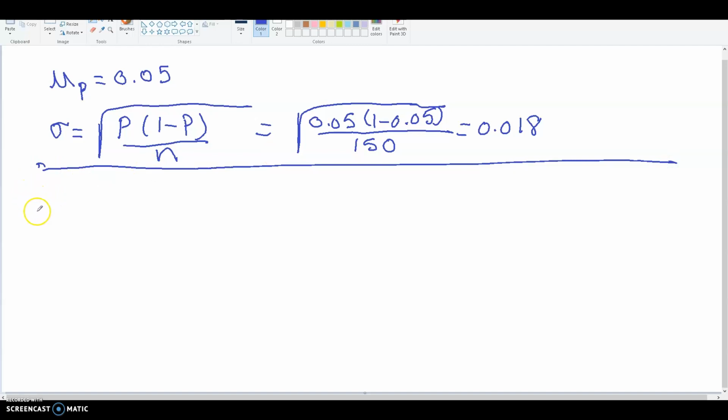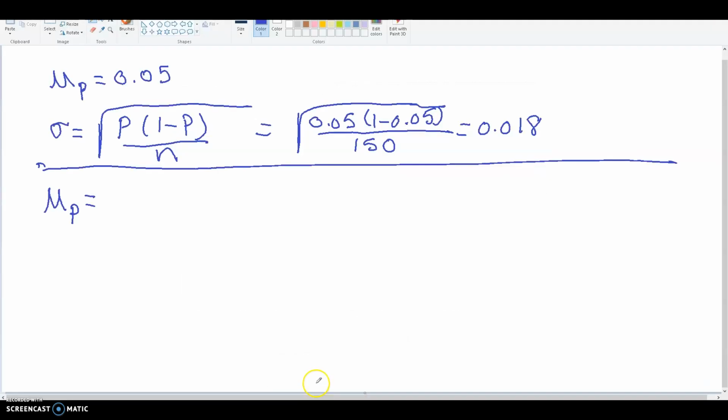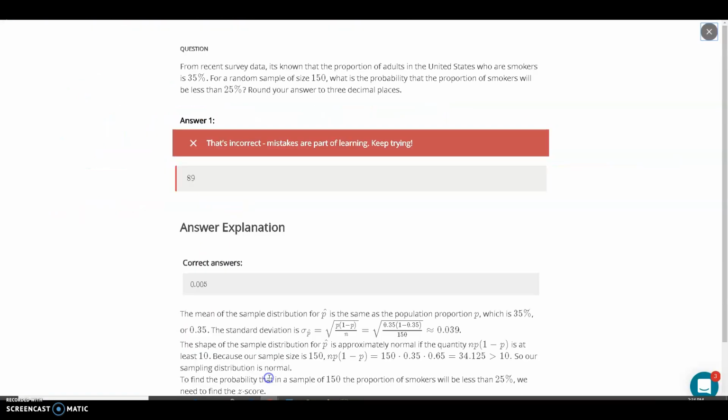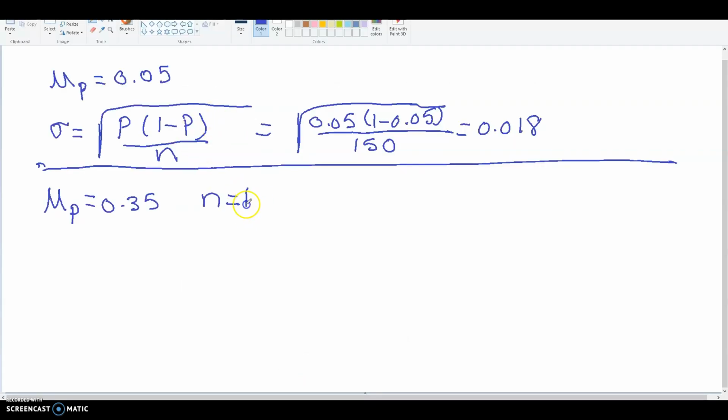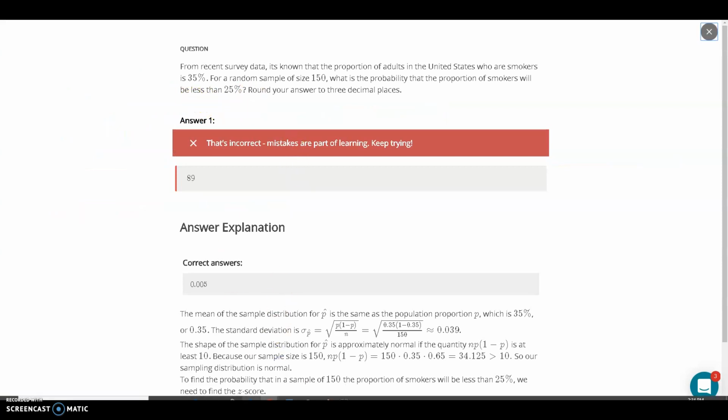In problem number 2, we know that mu sub p is going to be equal to 35%, so 0.35. We'll calculate the standard deviation in a minute. We know that n in this problem will be 150. The question is asking for less than 25%.